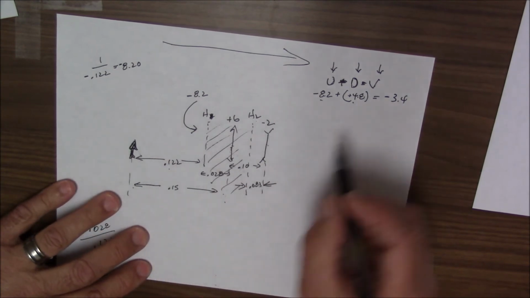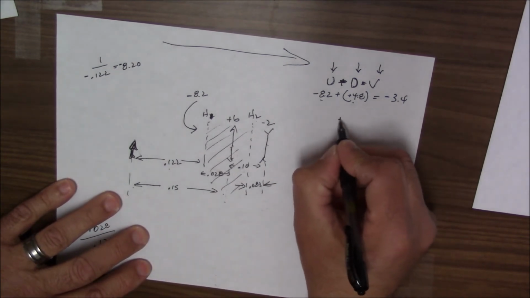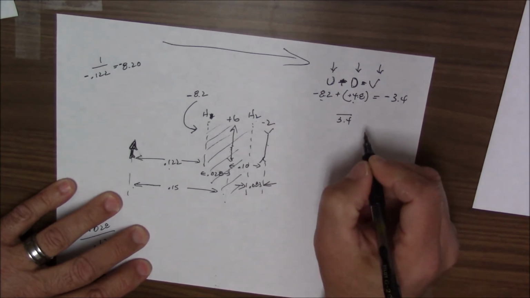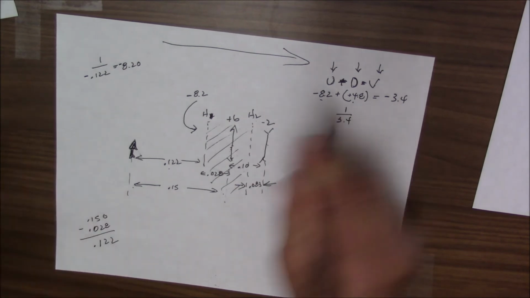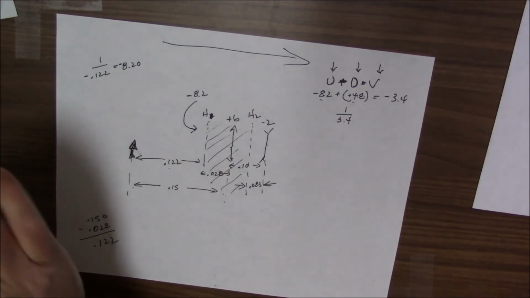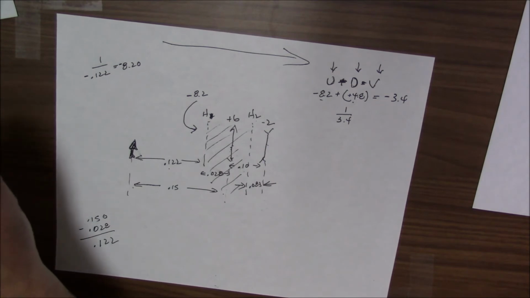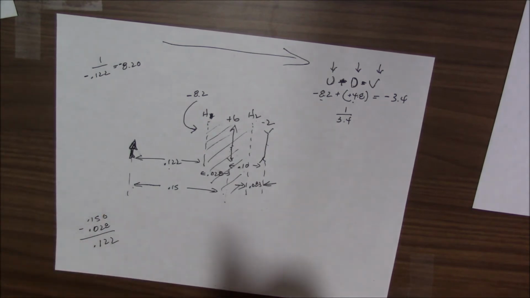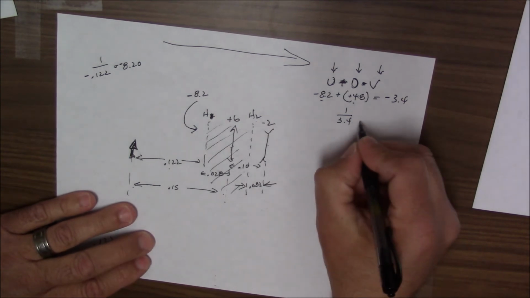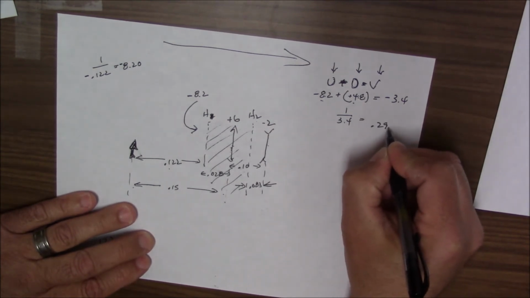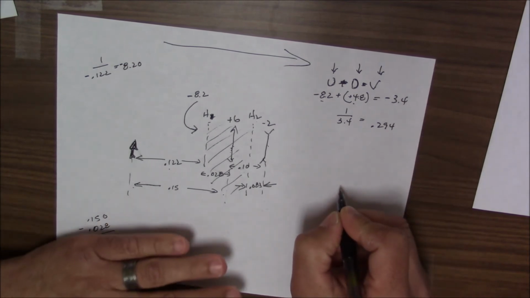We're going to take that 3.4, and I'm going to take its inverse because I want to know where the image is going to be formed. So I take the inverse of the 3.4, 3.4 shift inverse, and that gives me 0.294.